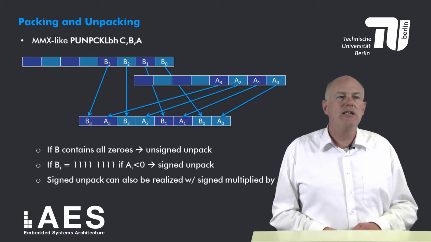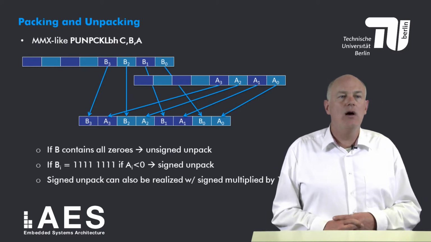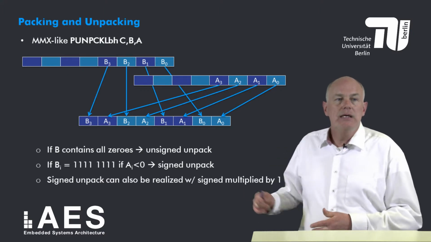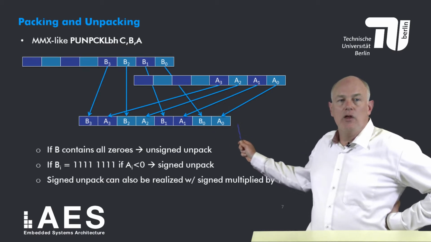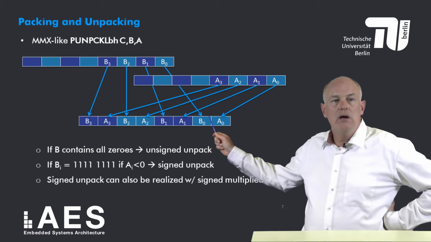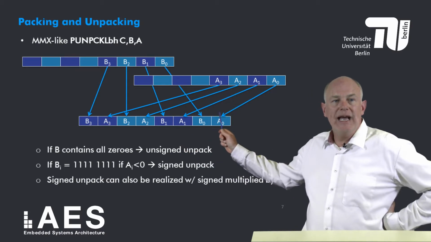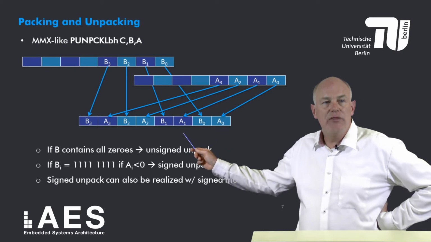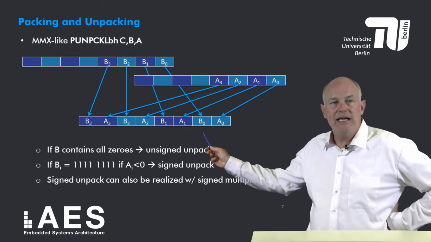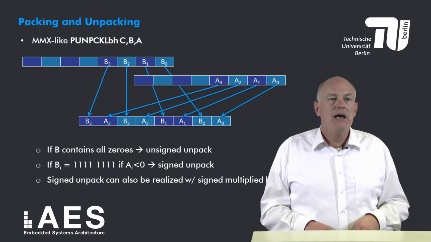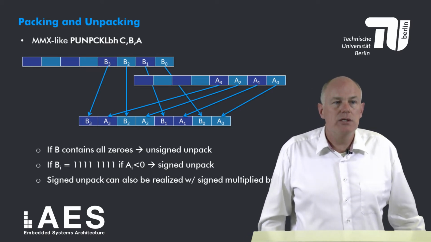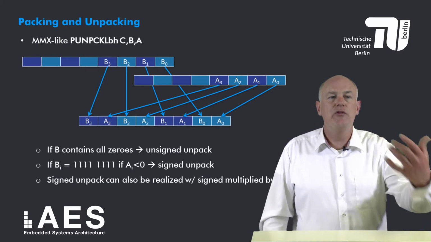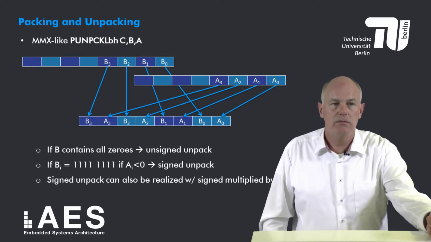This illustrates the working of the punpack low from byte to half word. These instructions unpack the lower half from both operands A and B and merge these in a third operand C, the destination operand. If B contains all zeros, then it corresponds to an unsigned unpack, because the free bits are filled with zeros.